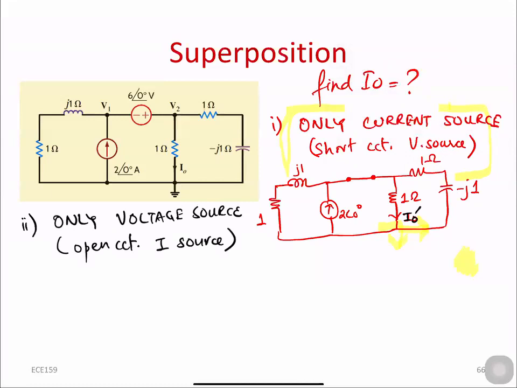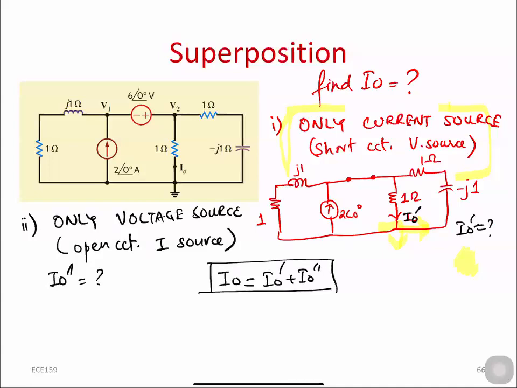And in that case, you will calculate I naught double prime. In this case, it is I naught prime. And the total I naught is going to be I naught prime plus I naught double prime. So this is just a recall from your DC circuit analysis, how we use the superposition to solve the circuit.